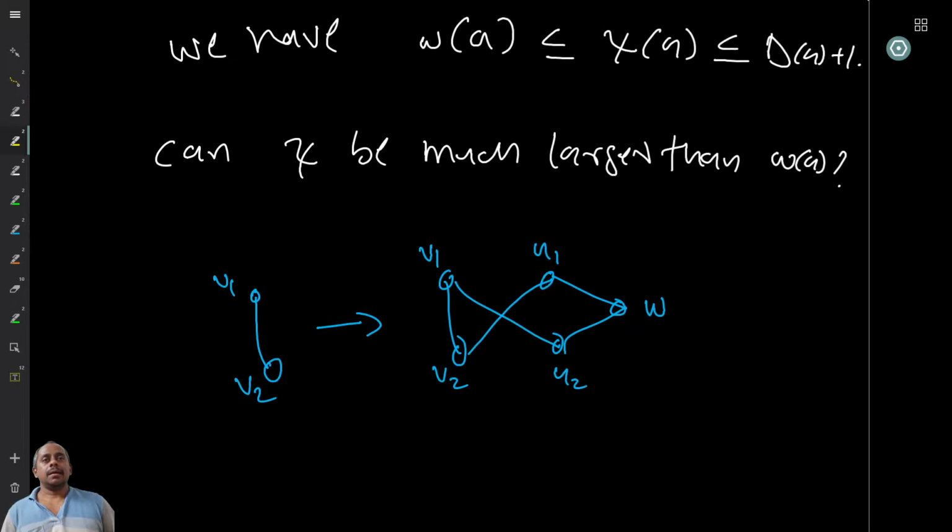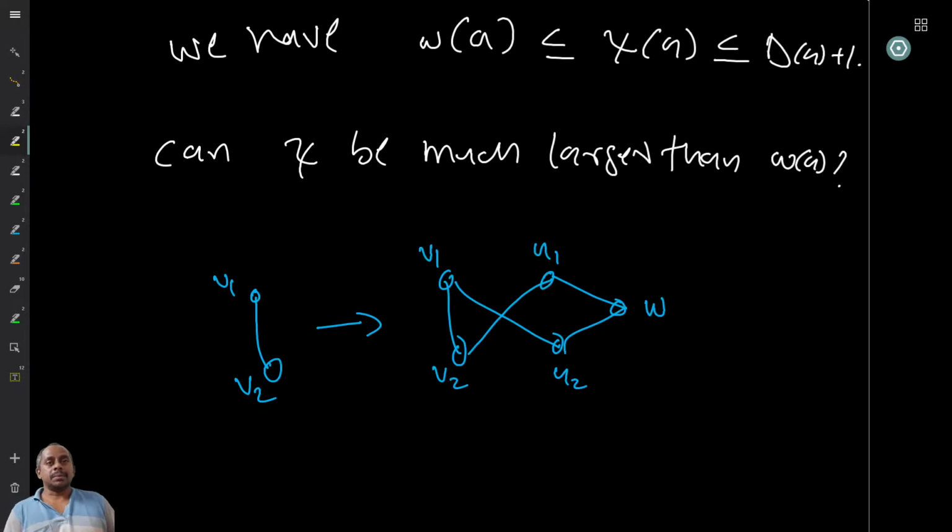Now, can you have the clique number omega be small, and then make the chromatic number much larger than omega, the clique size? In the case of odd cycles, delta is just 2, but that doesn't say that for very large chromatic numbers we can have this property.